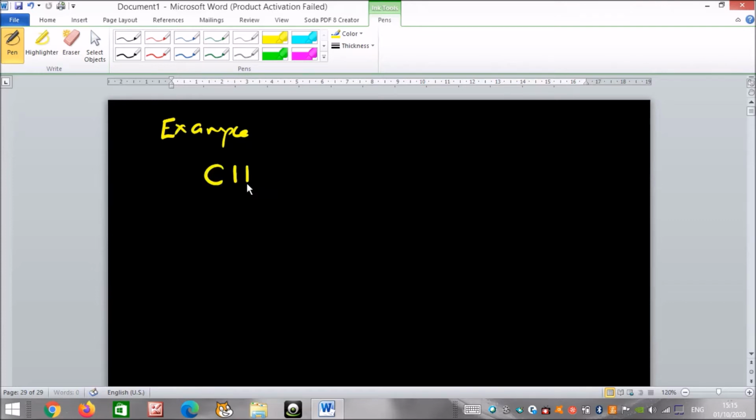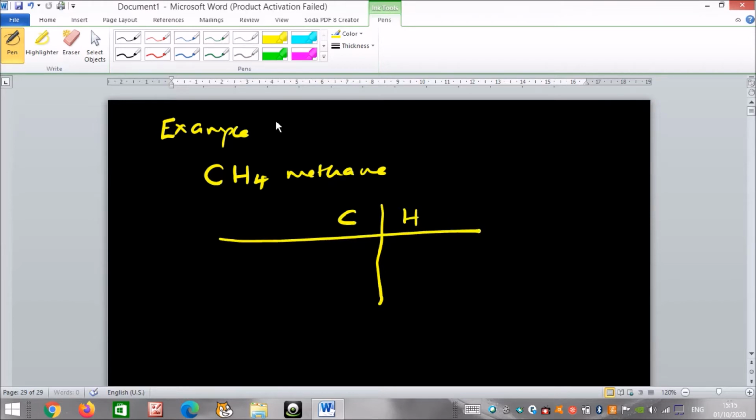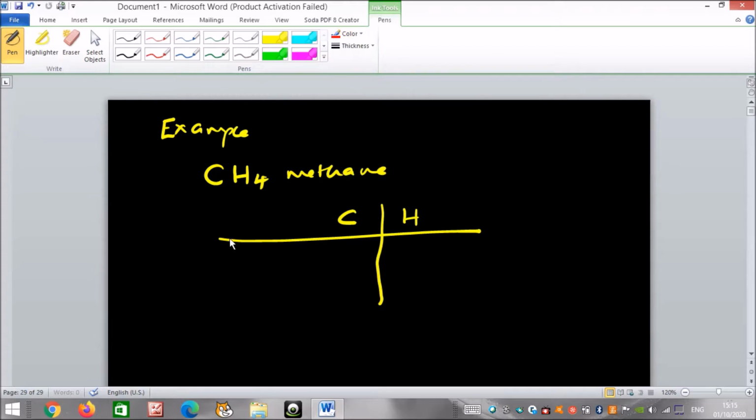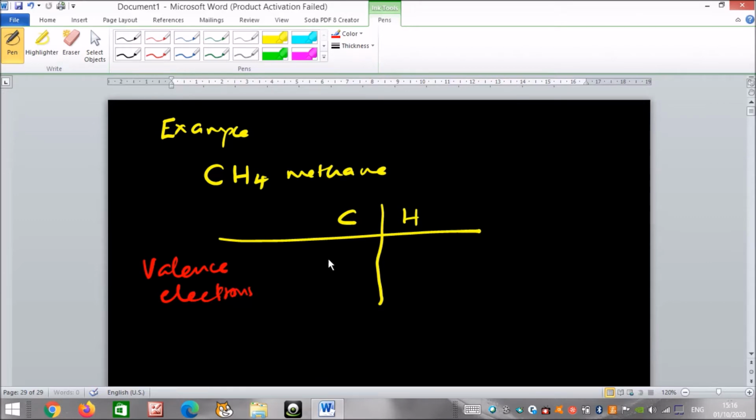The example is CH4. You know that it is methane, in which these are the two atoms present, carbon and hydrogen. In these two, how many valence electrons are present? In the case of carbon, it would be 4.